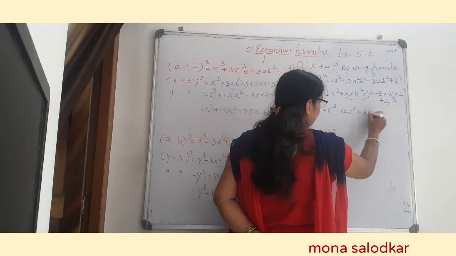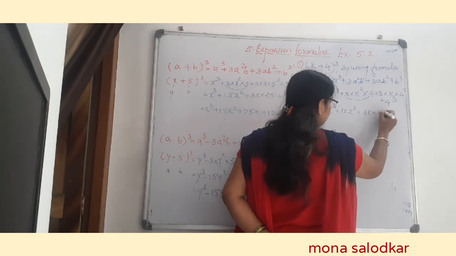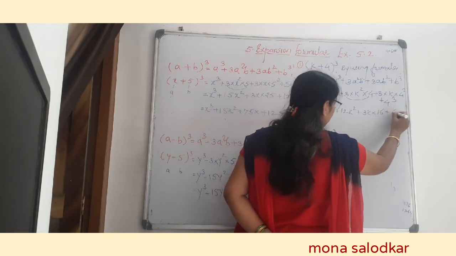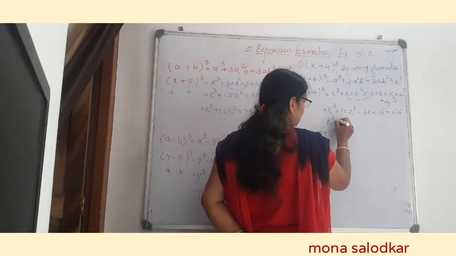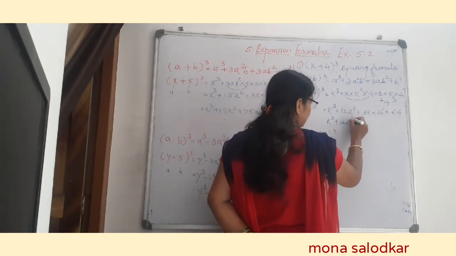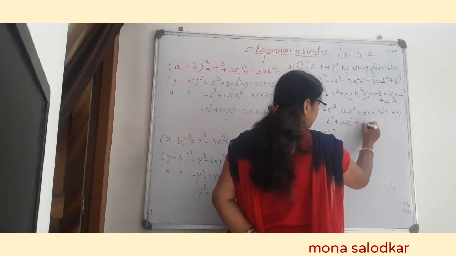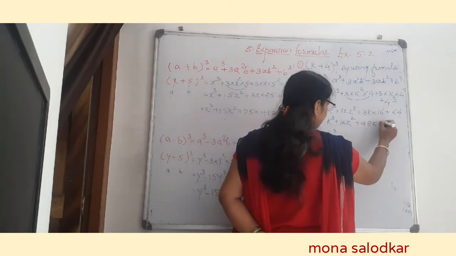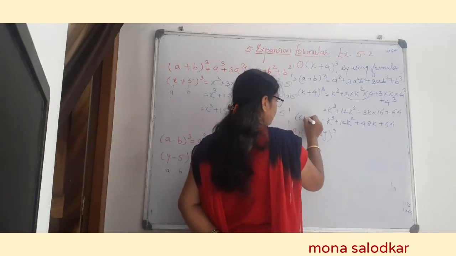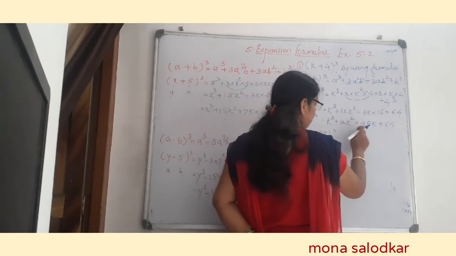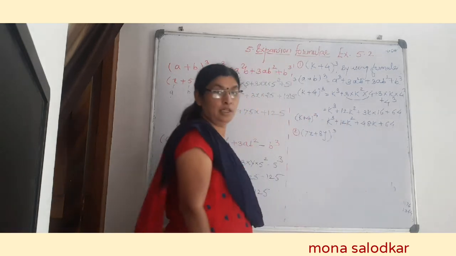Here 3 into k, what is 4 square? 16. And what is 4 cube? 64. So what is your answer? k cube plus 12k square, 16 3s are 48k plus 64. Means the cube of (k plus 4) is k cube plus 12k square plus 48k plus 64.